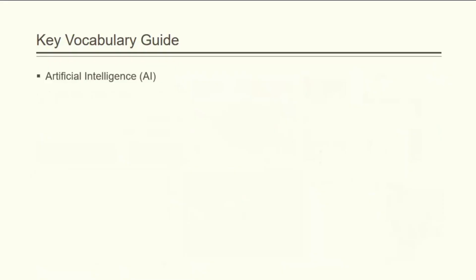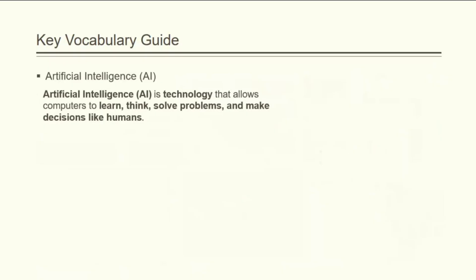Artificial intelligence. What do we mean by artificial intelligence, or AI? Artificial intelligence is the technology that allows computers to learn, think, solve problems, and make decisions like human beings.